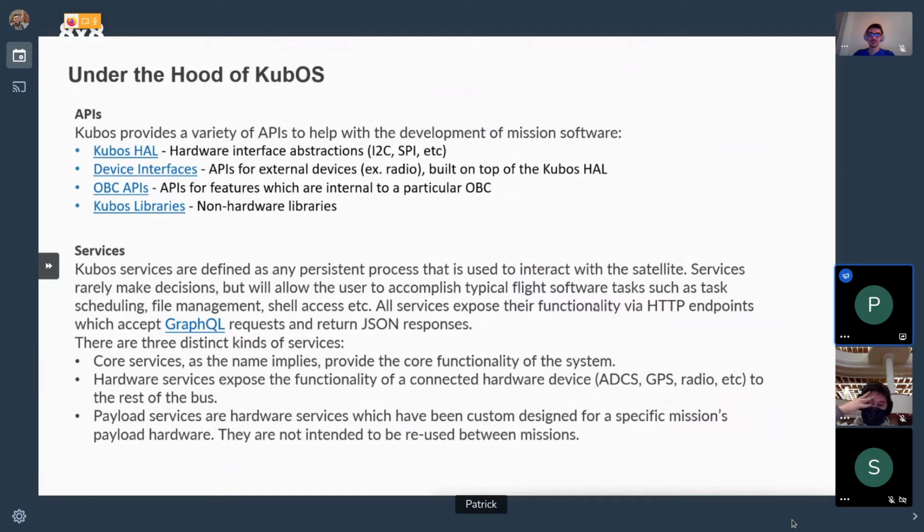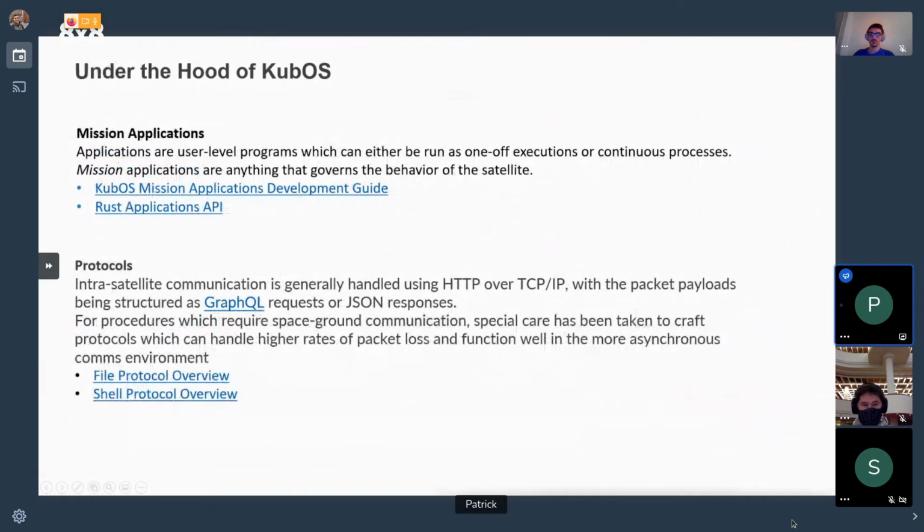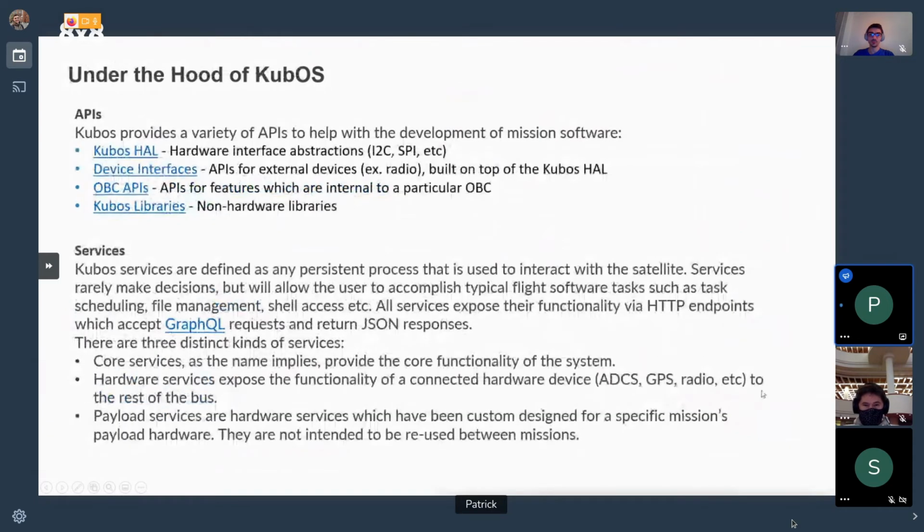The services for our payloads and the bus are all written by us. As I said, they all interact with each other via their HTTP server endpoints, which accept GraphQL requests and return a JSON response.